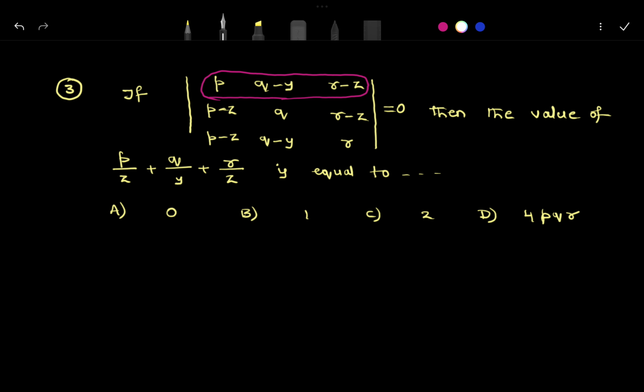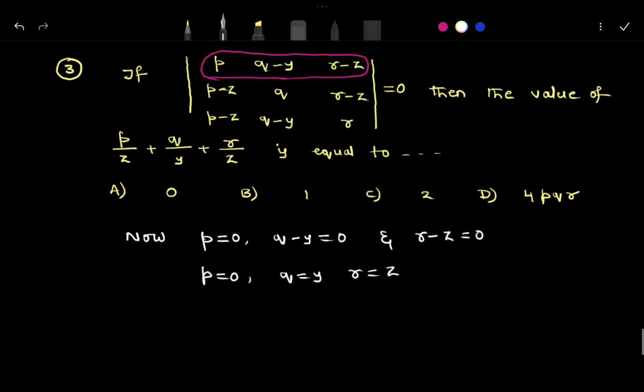So now you take p is equal to 0, q minus y is equal to 0 and r minus z is equal to 0. If you take all these values as 0, that implies p is equal to 0, q is equal to y and r is equal to z.